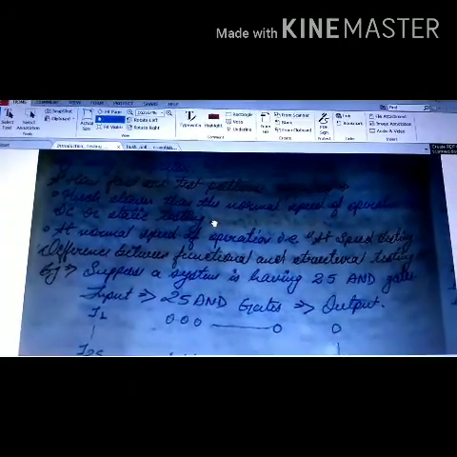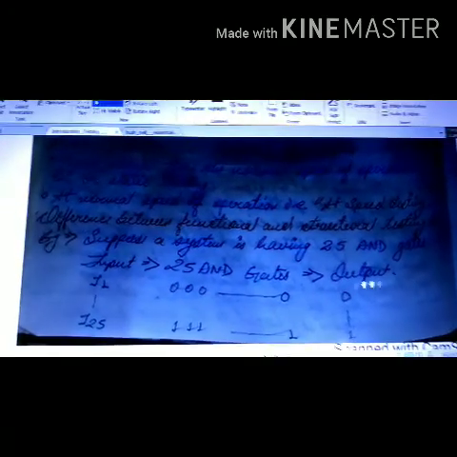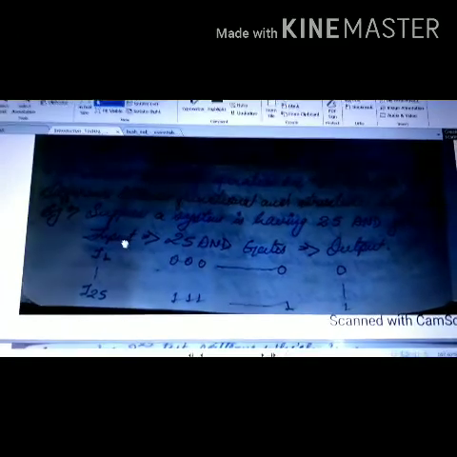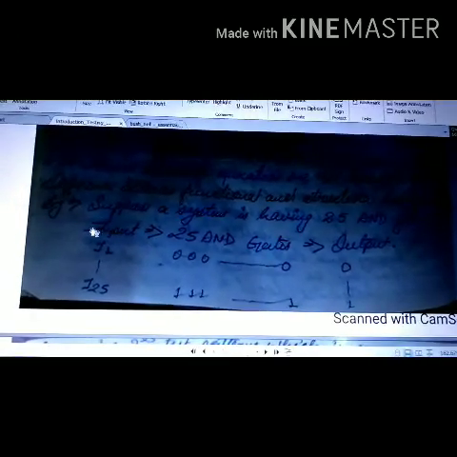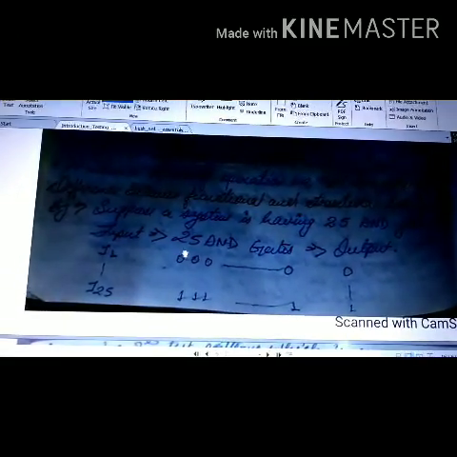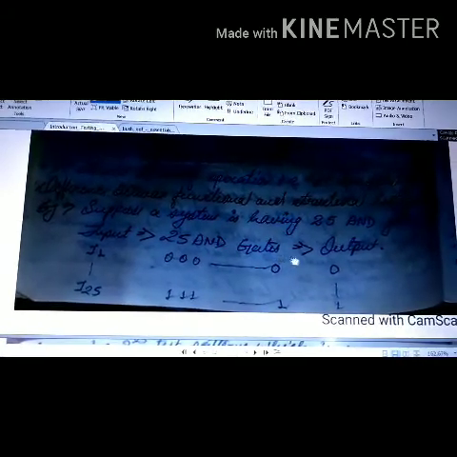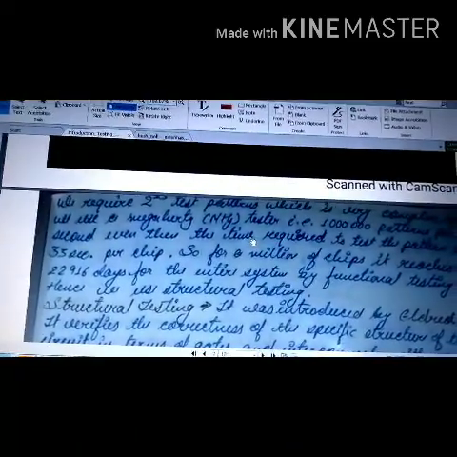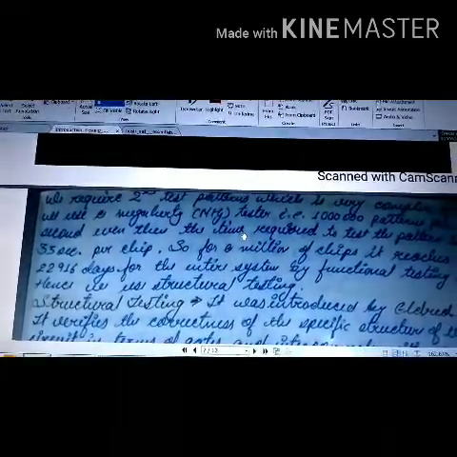With an example, suppose we have a system of 25 AND gates. We provide different inputs to the 25 AND gates, and then we receive an output. If we want to test it by normal testing, then we will require 2 to the power 25 test patterns, which is very complex for functional testing.